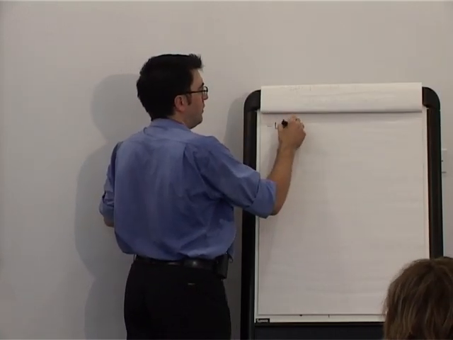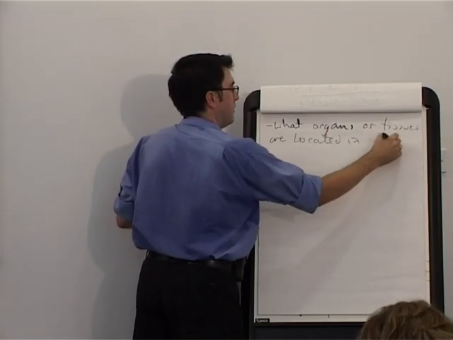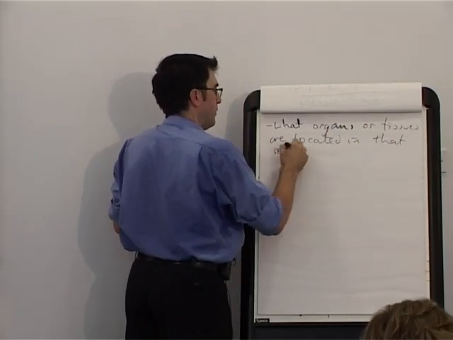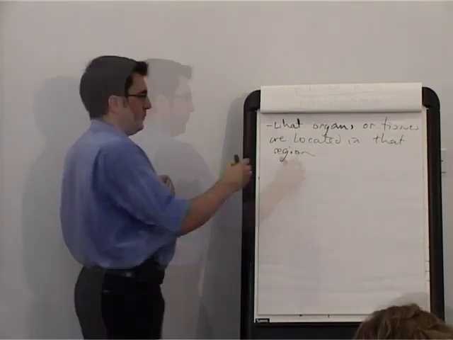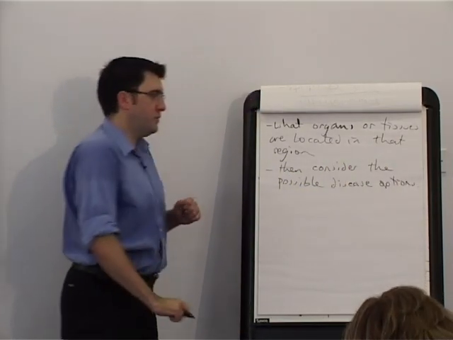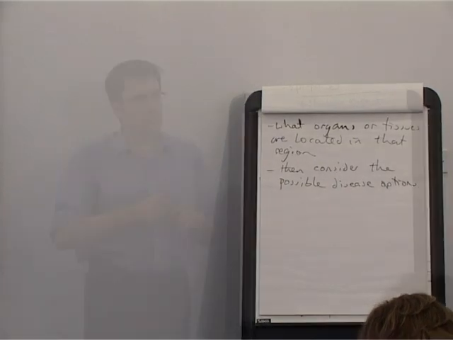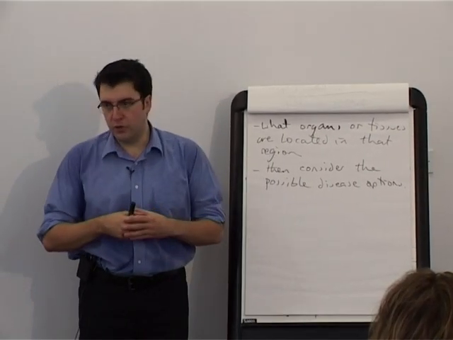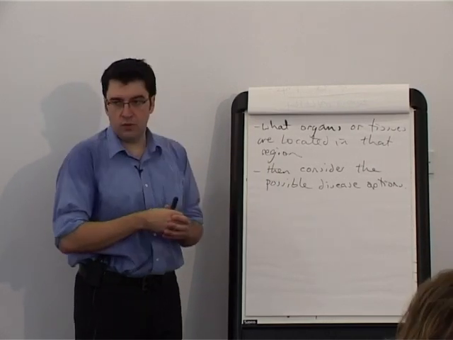Consider what organs or tissues are located in that region. And then you need to consider the possible disease options. And obviously, you will know your various classic symptoms of your different diseases so that you can do this.